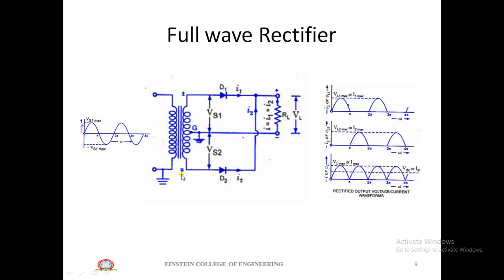So the current flows through D2, then through RL. For both positive and negative half cycles, the direction of the current in the RL will be the same. So we get a unidirectional DC output voltage across the load resistance.